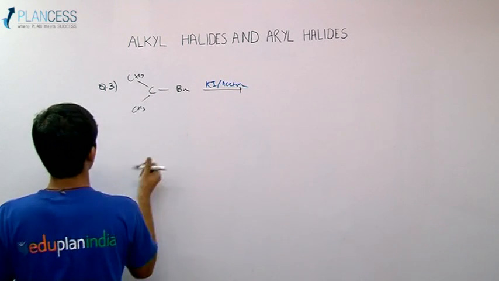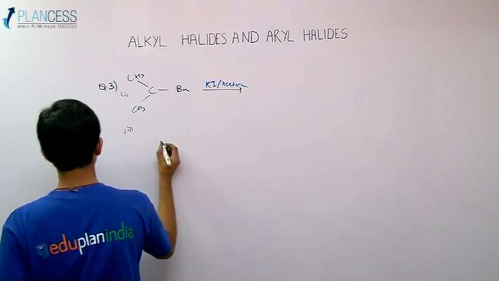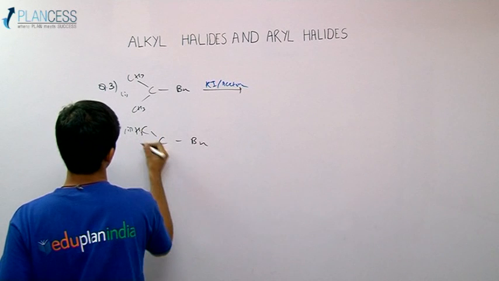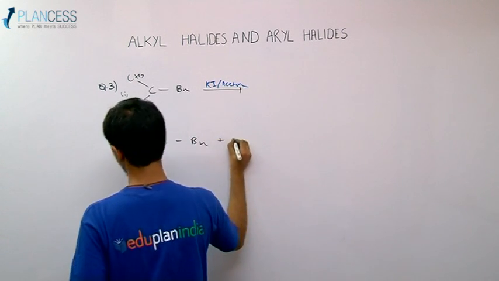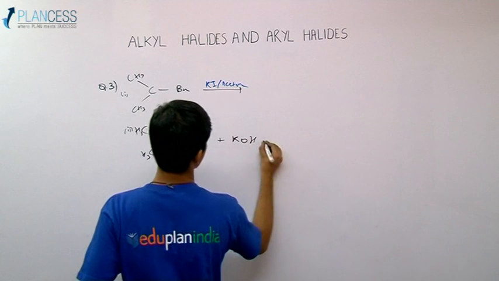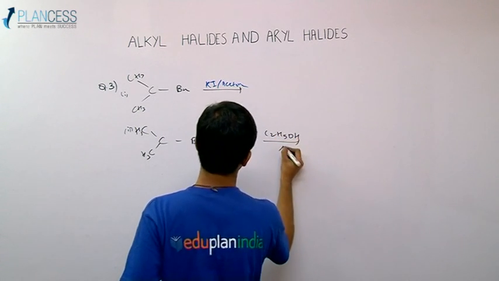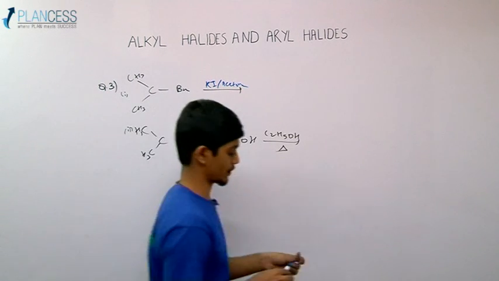Fine. The second one is CH3CHBrCH3 and we have KOH plus C2H5OH and heat. Fine. Let's consider these two first.